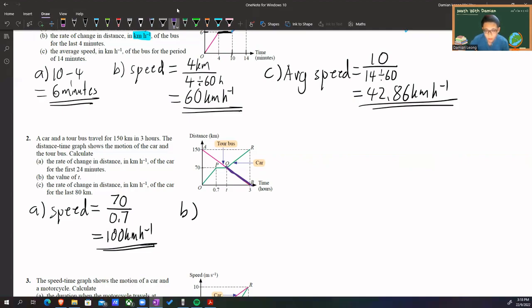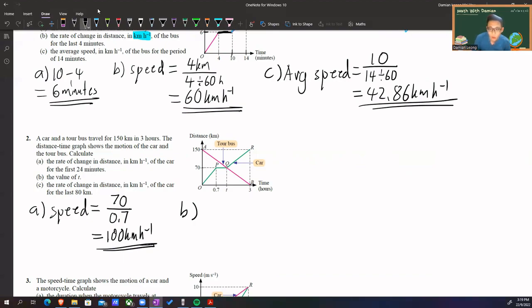So if I take the whole thing here, it will be 150 divided by 3 hours. It will be the same as the speed for just this part. Or I can also take from A until Q here. It's up to you which one you prefer, it's basically the same.